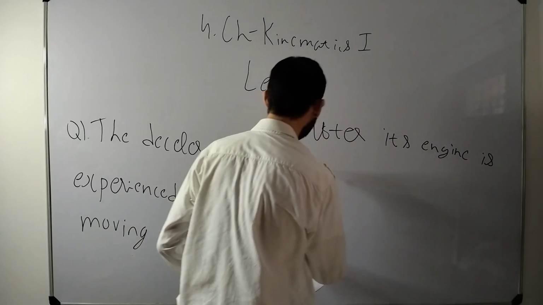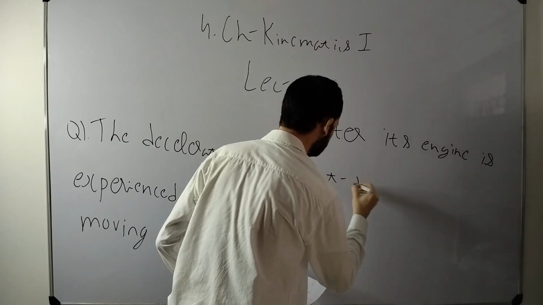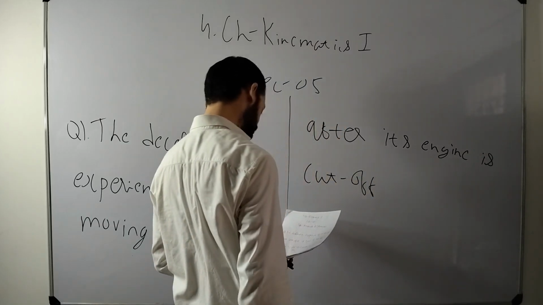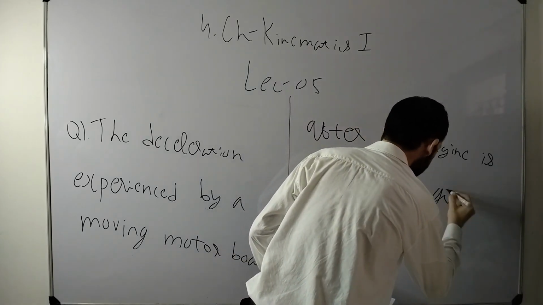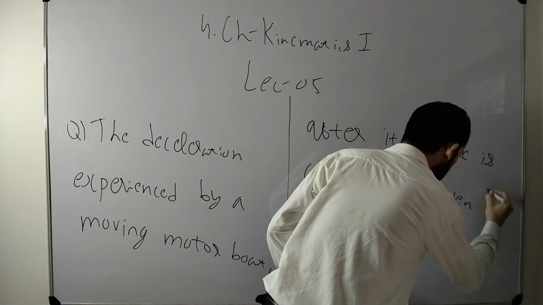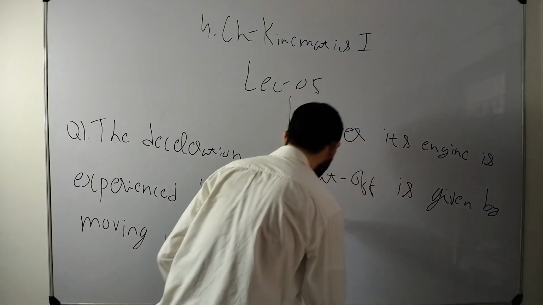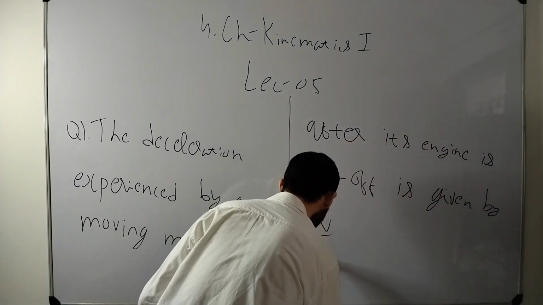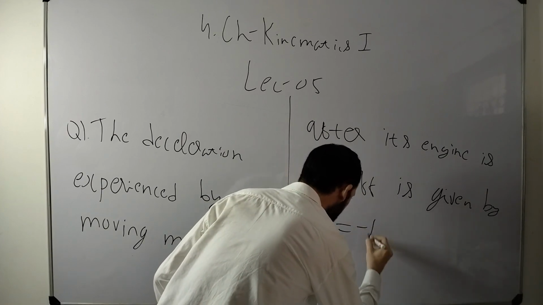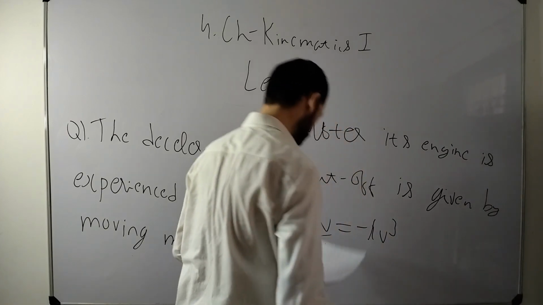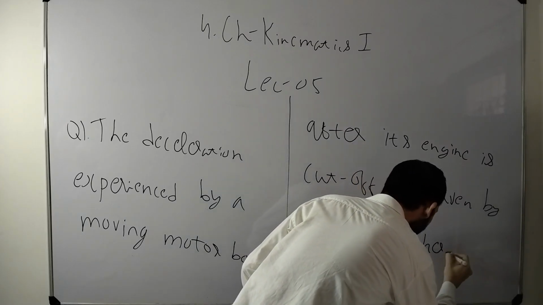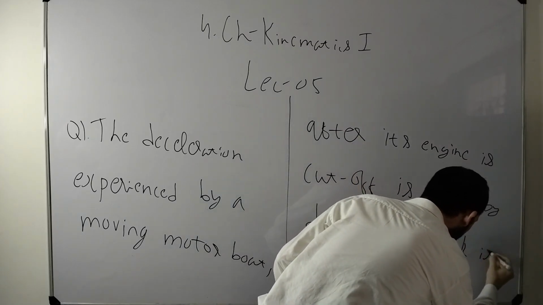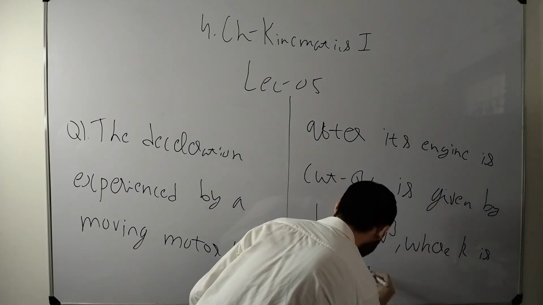So cut off here means, students, that it is switched off. This is given by dV upon dt equals minus kV cube, where k is a constant.